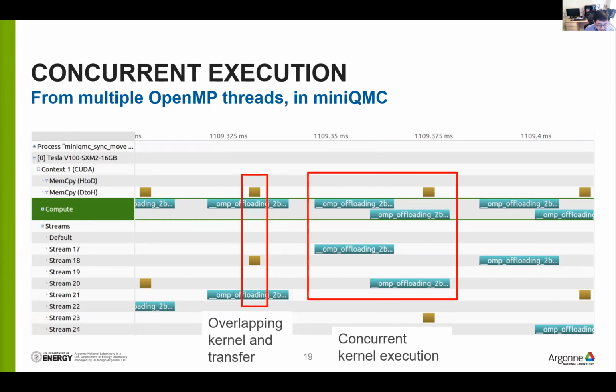In addition, when you do OpenMP offload, you transfer data, you launch the kernel, you transfer data back. So this is on one stream. Then you have another offload region that performs the same operations.